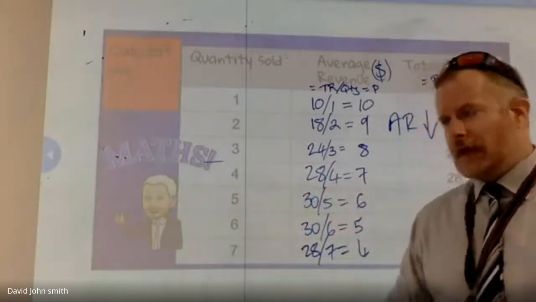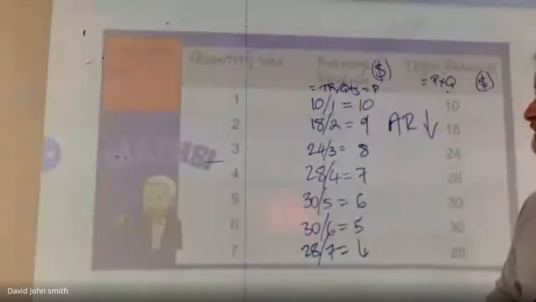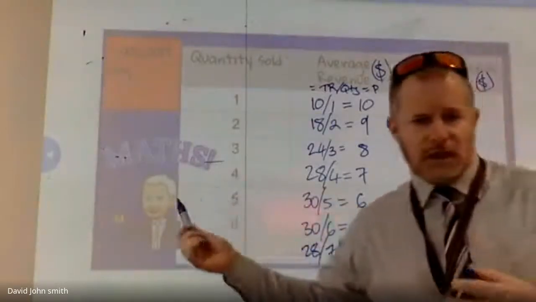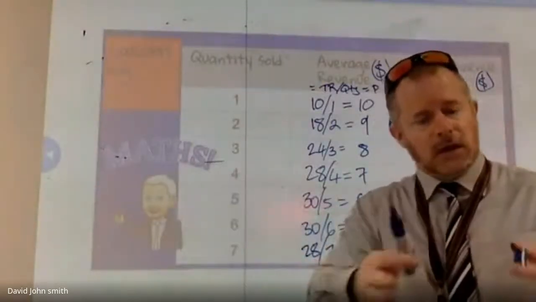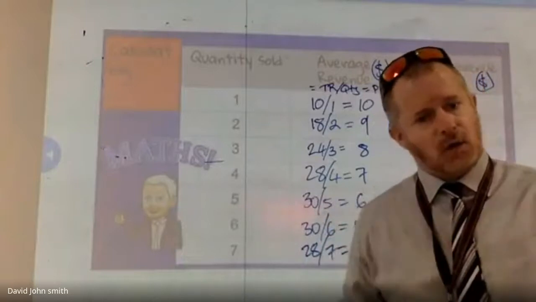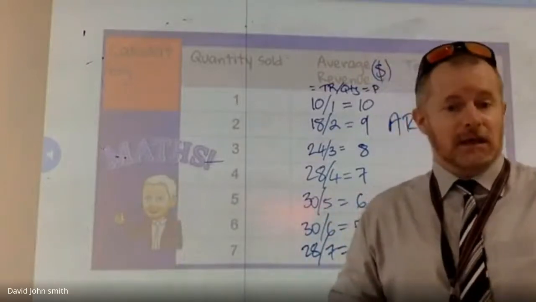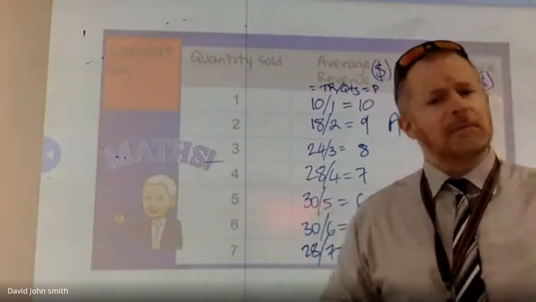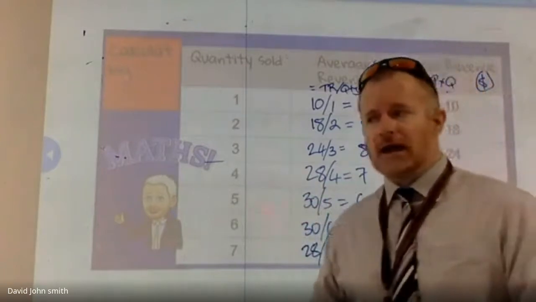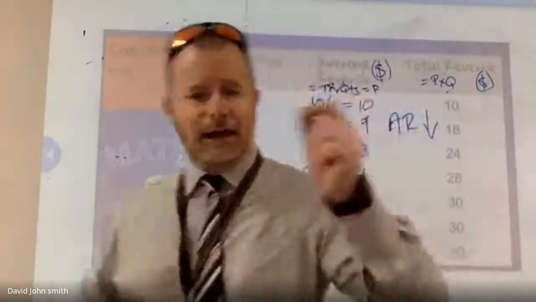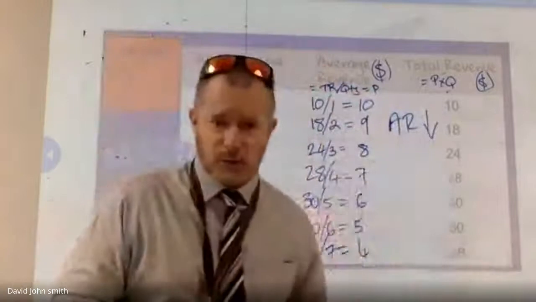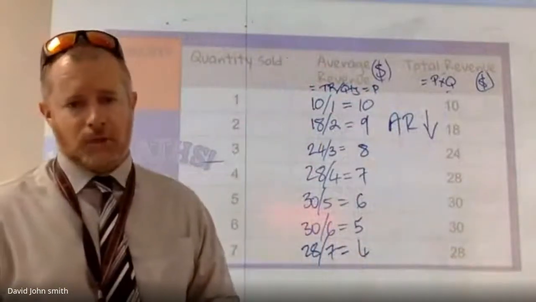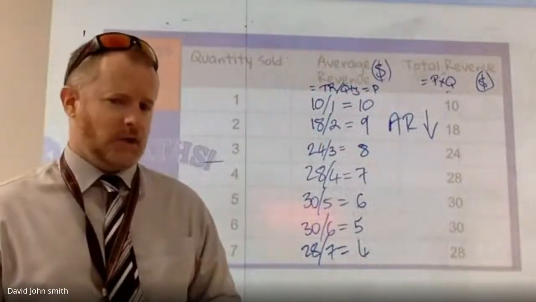So if we were to plot this, you could plot it with the price against the quantity, and you would see that this looks rather familiar. In fact, it's going to look like our demand schedule, which is quite freaky when you think about it.